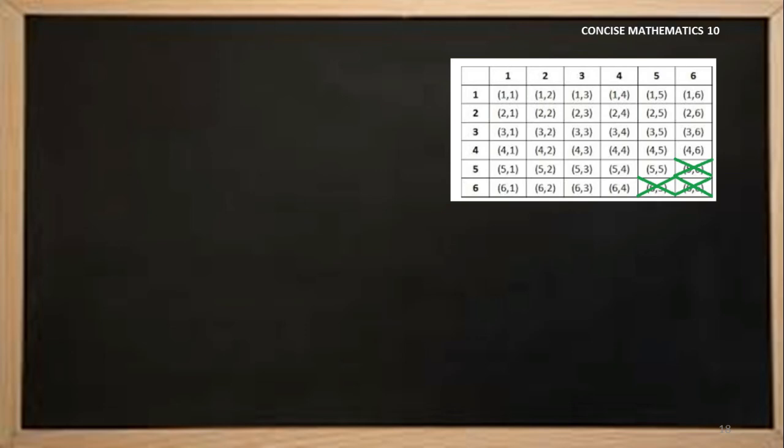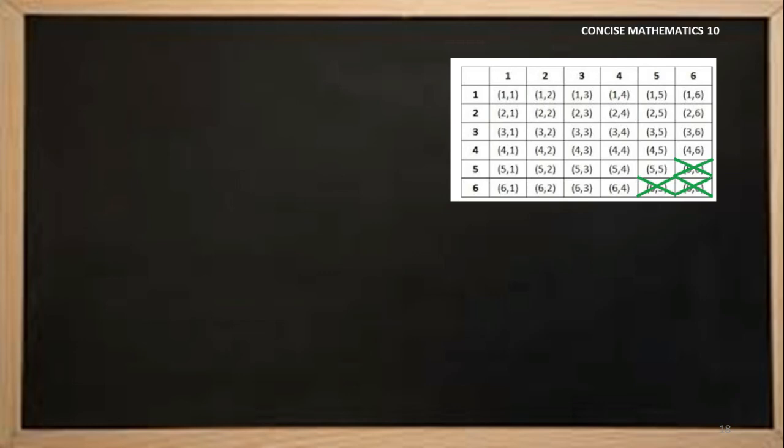So, 5, 6 leads to 11, 6, 5 leads to 11, 6, 6 leads to 12. Other than these 3 values, all the remaining values can be considered for at most 10. The meaning of at most 10 is maximum is 10 and the minimum or other conditions will not be applied.